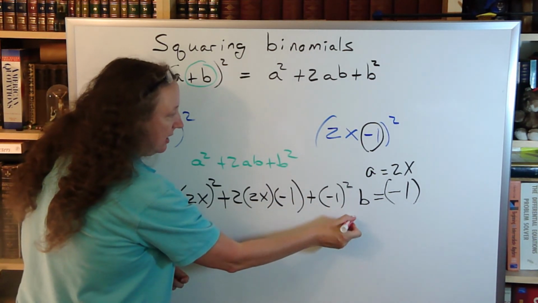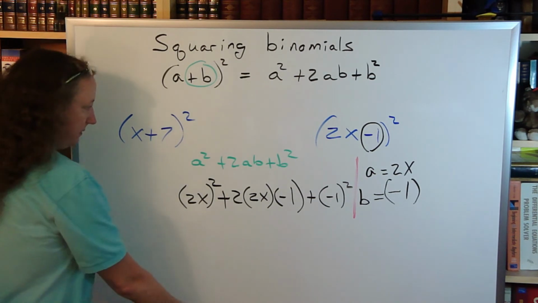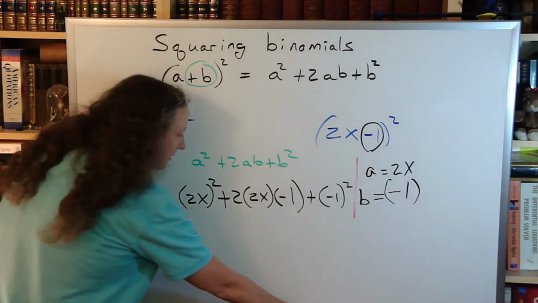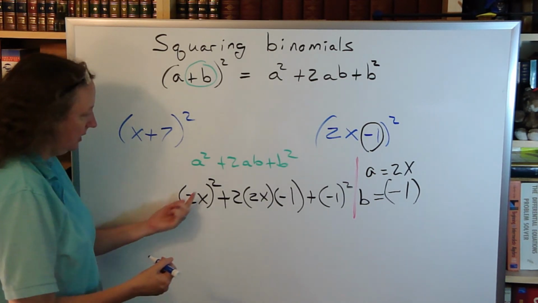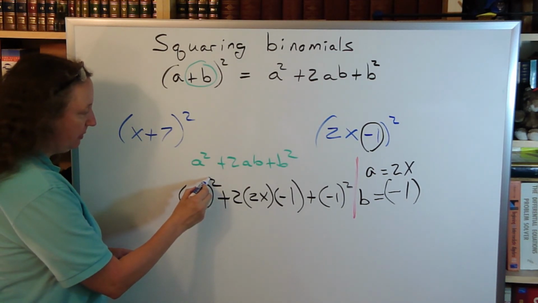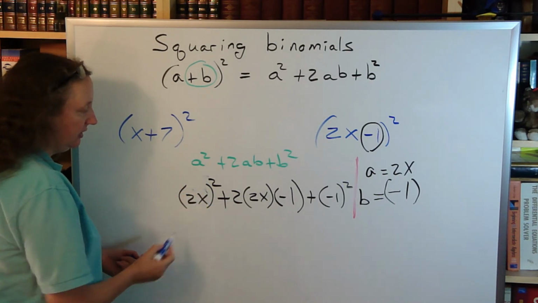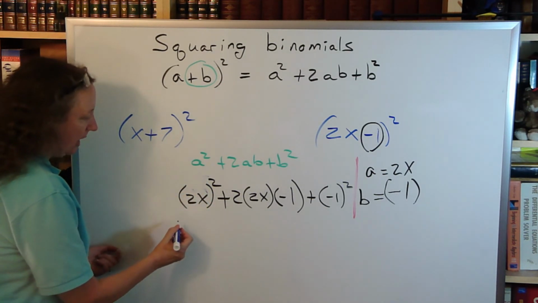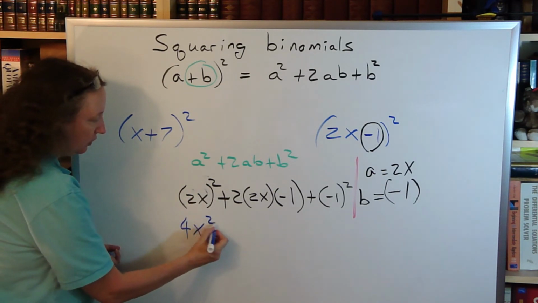Let me separate out here that information. So now I need to figure out what these are. The 2 on the exponent goes to both the 2 inside and the x inside. So we have 2 squared, which gives us 4, and then we have x squared.